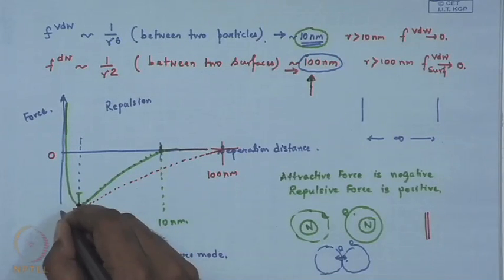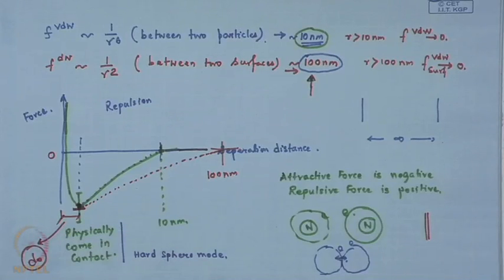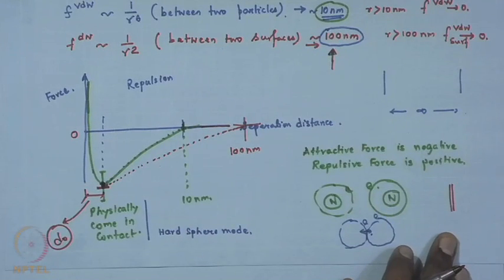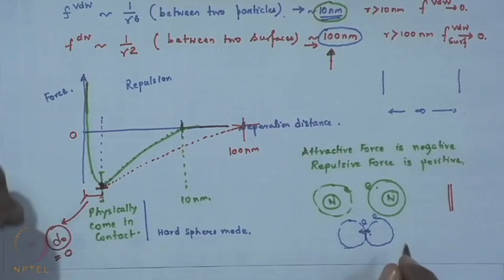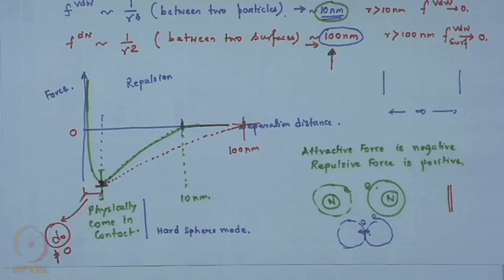So, this distance, if you can measure, is the minimum separation distance between two surfaces or two molecules when they are in contact. We will discuss this in one of our subsequent lectures. d0 is not equal to 0, because if you try to bring them in absolute contact, or make d0 equal to 0, you have to overcome the physical repulsion of the electrons, which is not possible.